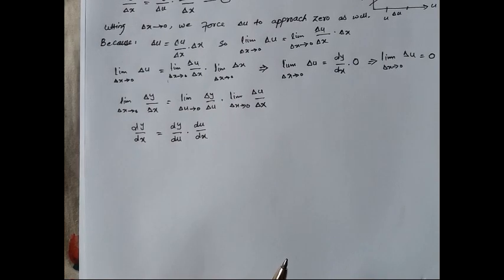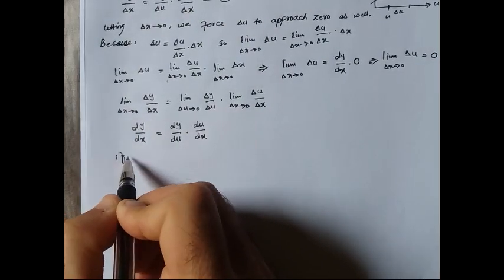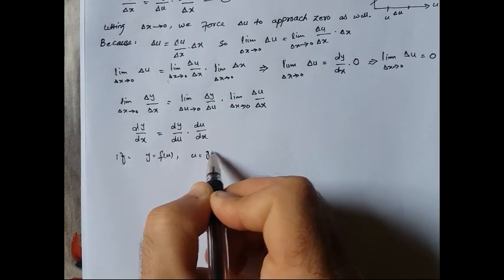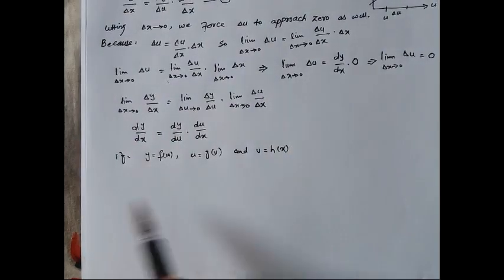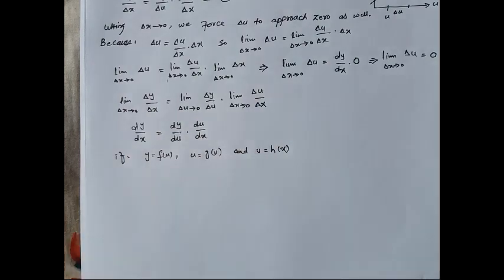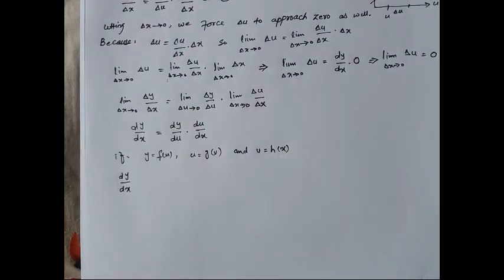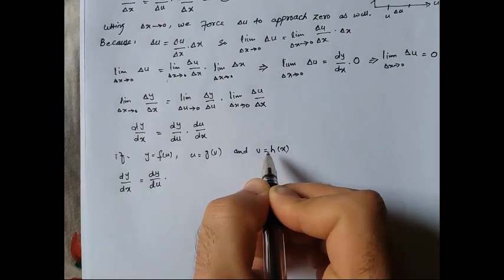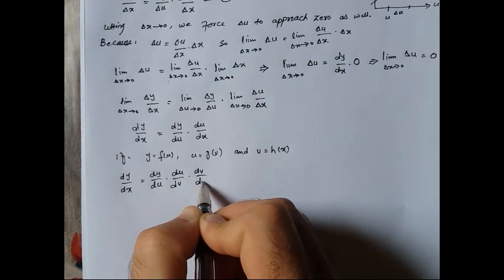For example, if we have 3 functions, like y is equal to f of u and u is equal to g of v and v is equal to h of x, then this chain can be extended as dy by dx, the derivative of y with respect to x, is equal to dy by du multiplied by du by dv multiplied by dv by dx, which is the chain rule for 3 functions.